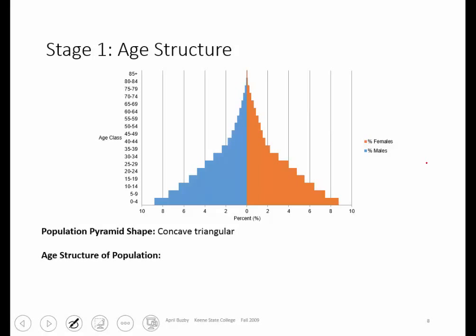Here we're going to examine the pre-industrial population pyramid. If you notice, almost 20% of the population in this particular structure is babies under the age of 5.